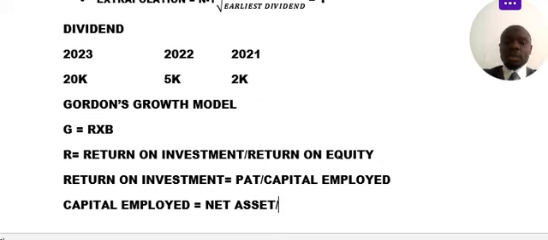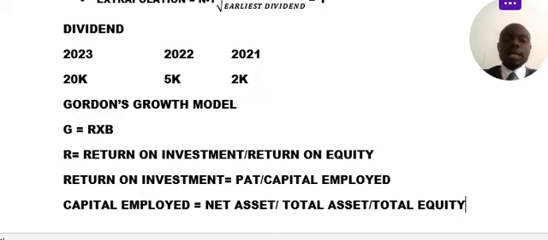It could be defined as total assets, or as total equity. It depends on what is given in the question, or on the examiner's point of view. The examiner could say that capital employed is defined as net assets or total equity.